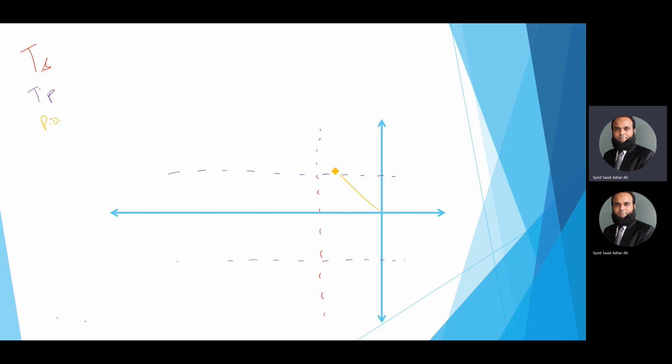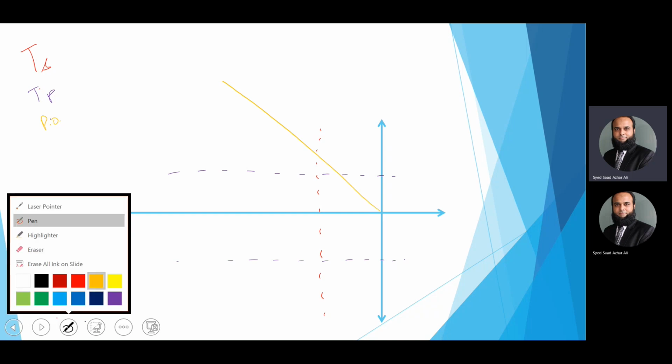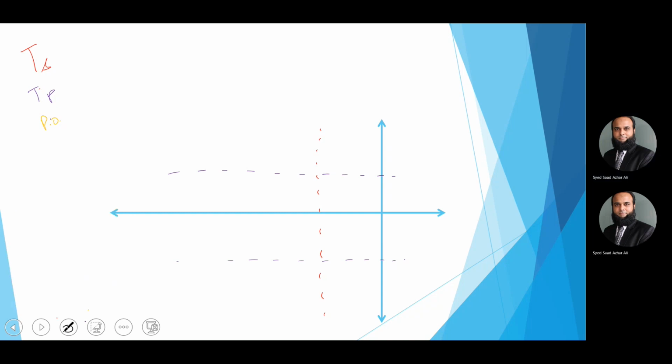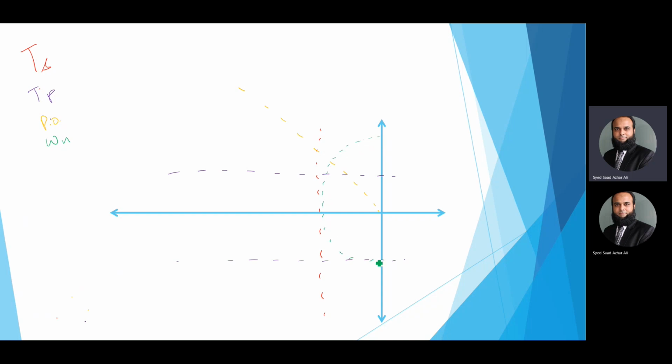We'll have a line something like this. For example, I should have drawn a dotted line. And for omega n, I'm just drawing one at the moment. Green. For omega n, we will have, let's say, a circular line something like this.